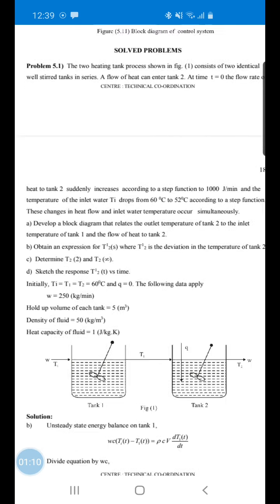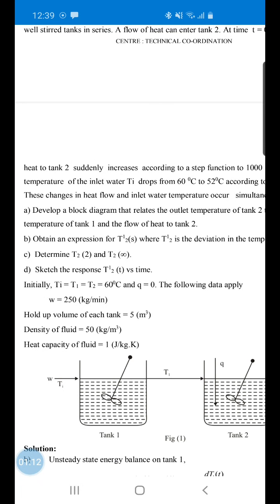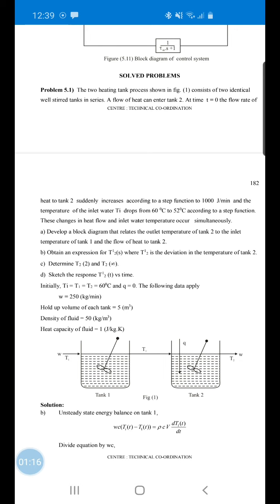So the water temperature drops from 60 degrees to 52 degrees Fahrenheit, and the heat flow suddenly increases according to a step function of 1000 joules per minute. So these are the changes occurring in the inlet water temperature and heat flow.